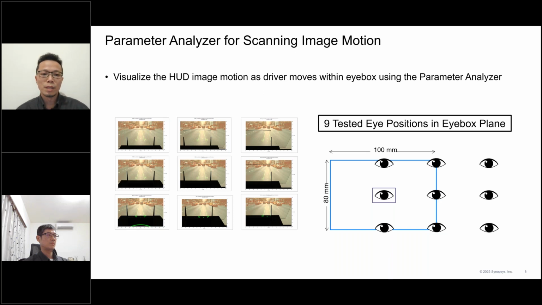As you can see, when the eyes move to these 9 different positions, you can see different image results. Also, you can see different kinds of PGU scenes. Also, you can see some straight lines on the visualization image.